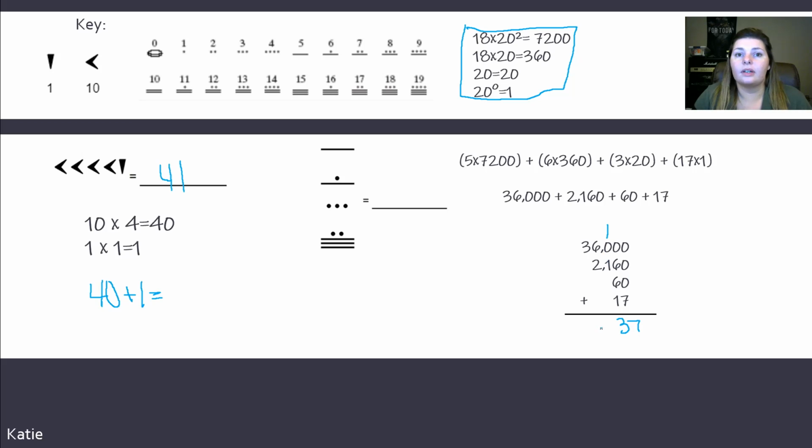So 1 plus 1 is 2, 6, 7, 8. And then there's nothing there to add it to, so we just bring it on down. And we see that this has a value of 38,237.